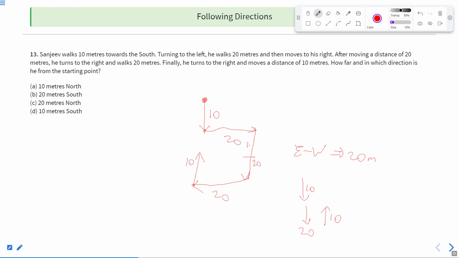So this is 10 meters, this is 10 meters. This 10 meters gets cut. So we still have another 10 meters. So we have 30 meters south minus 10 meters north. This gives 20 meters south. So he's 20 meters south from starting point P.